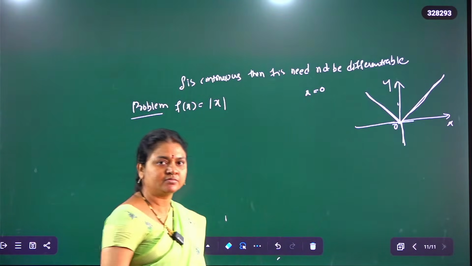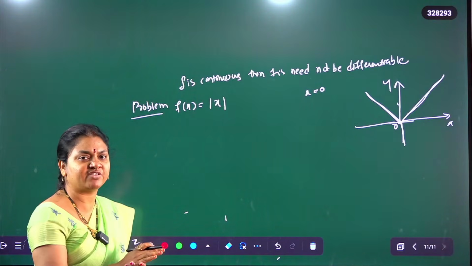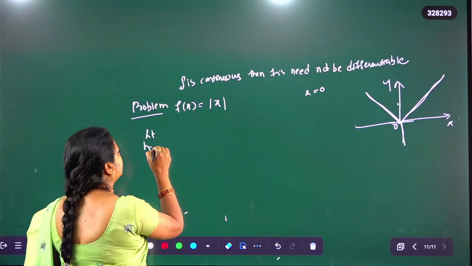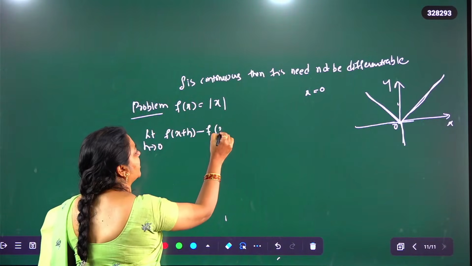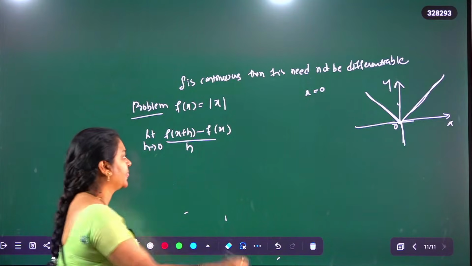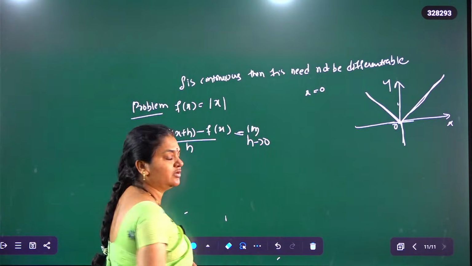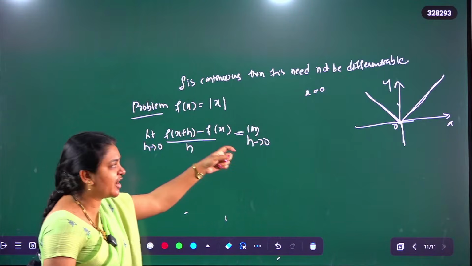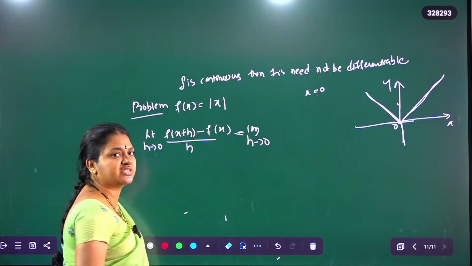We will check. Right? So by using the same principle, first principle only, because the basic definition of the derivative is limit h tends to 0, f of x plus h minus f of x by h. Here, we are checking the derivative at which point? At x equals 0. So that's why we can substitute x equals 0.